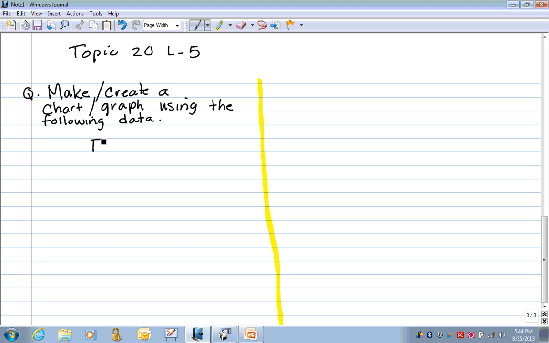And we are going to do t-shirts sold. And so for 2003, we are going to represent with tally marks t-shirts sold as 10.